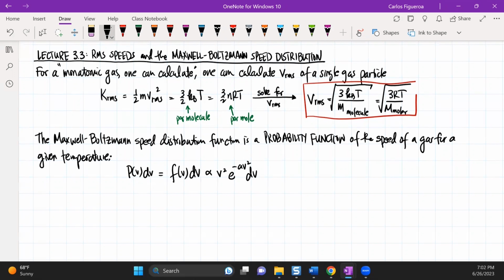Now, its importance is in interpreting its plot. I'm going to give you a simple plot, which looks like this.